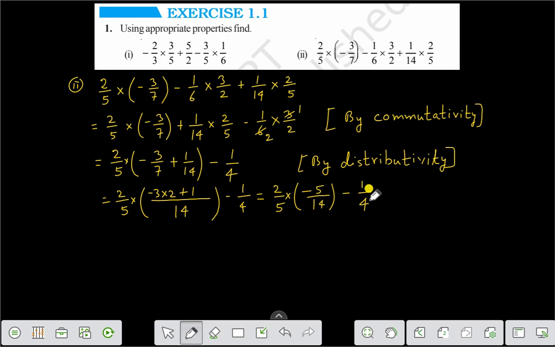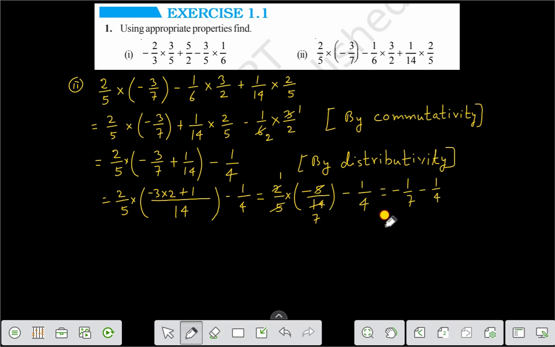Now you cut this one, this 5 cancels out, and 2 1s are 2, 2 7s are 14, that is minus 1 by 7, minus 1 by 4.